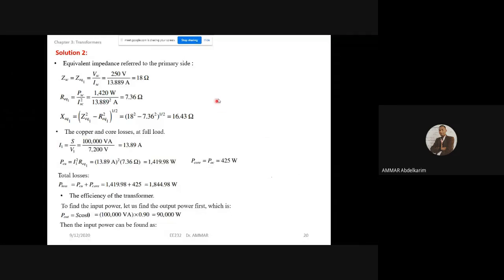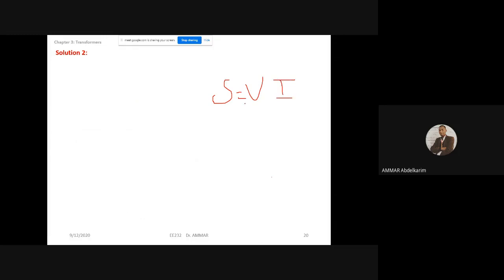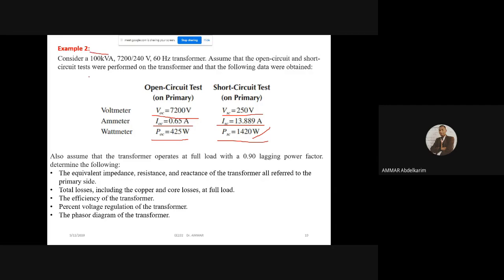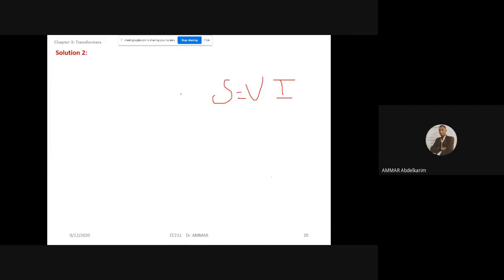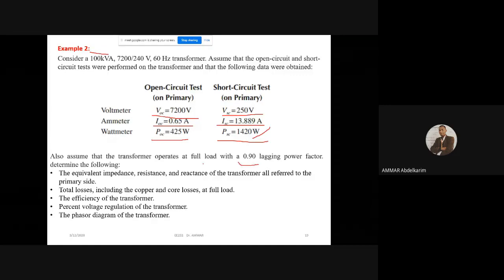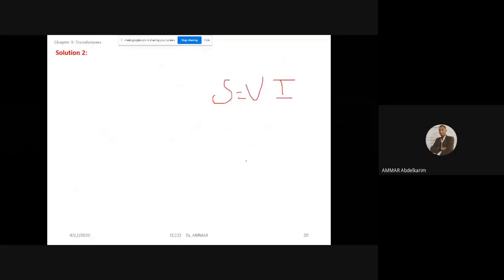So we have the apparent power S, which is V times I, and it's given in the data as 100 kilovolt amps, and we have cosine phi, the power factor, which is 0.9. The output power is for the secondary, because they said full load. Of course, the load is connected to the secondary with 0.9 lagging power factor.